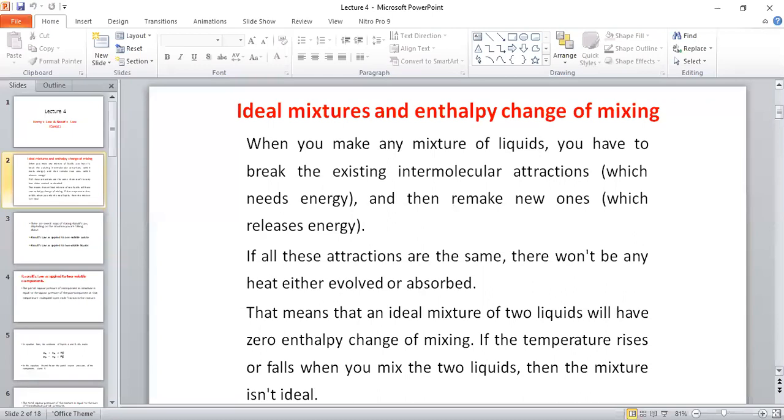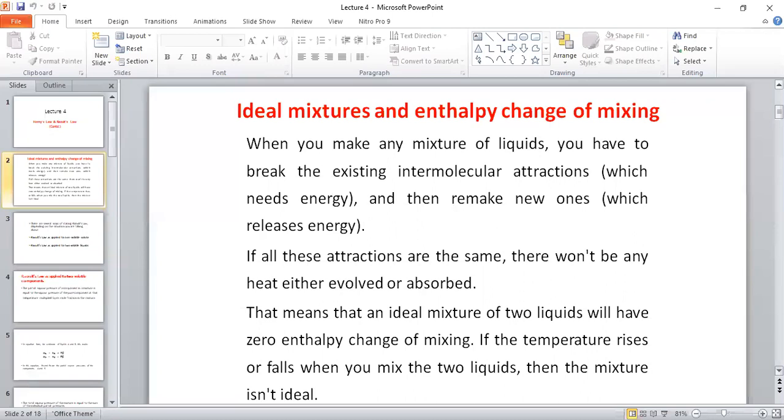So if all these attractions are the same, there won't be any heat exchange. No heat is evolved, no heat absorbed. That is in an ideal situation. If all the attractions remain the same, as I explained to you on Friday, that means it's an ideal mixture of two liquids.